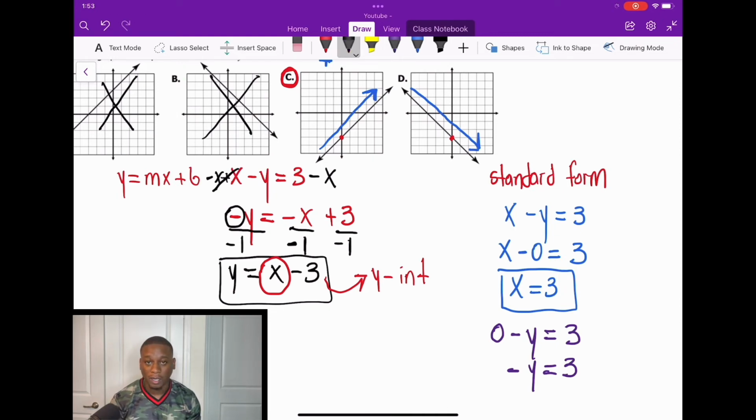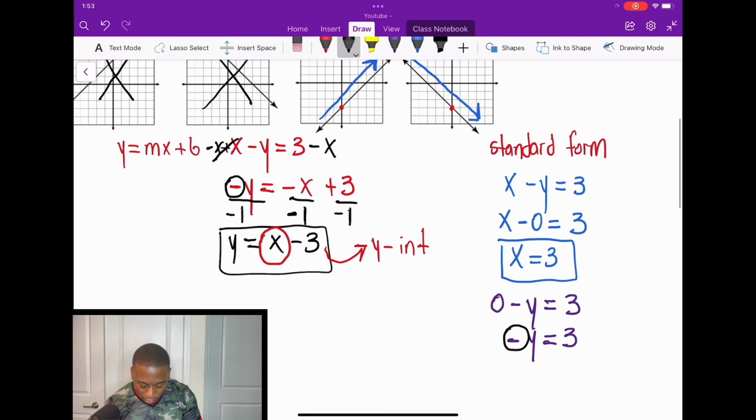A variable cannot be negative when it's by itself like this. So we're going to do the same thing we did earlier and divide both y and 3 by -1. Once we do this, we get y is equal to -3.